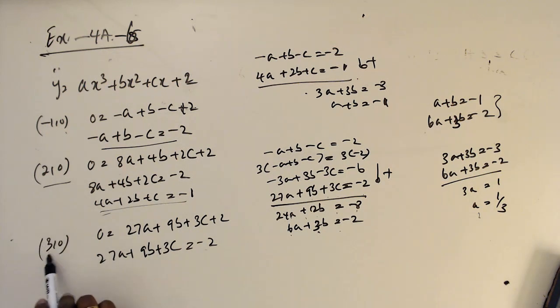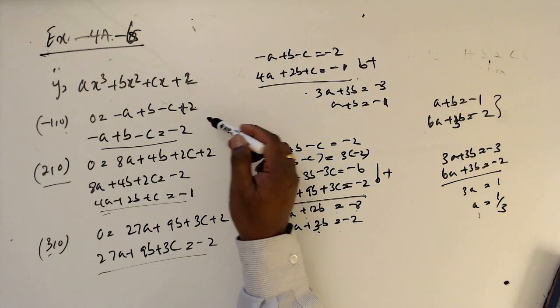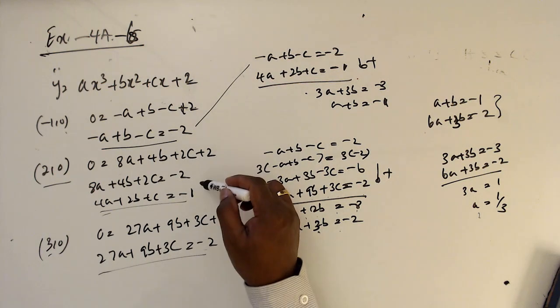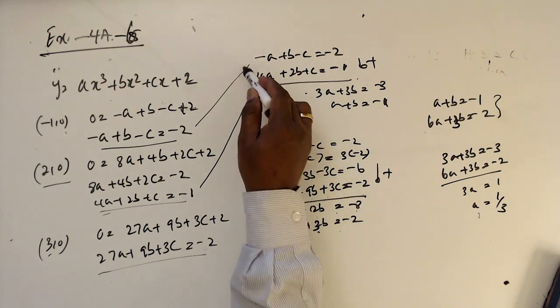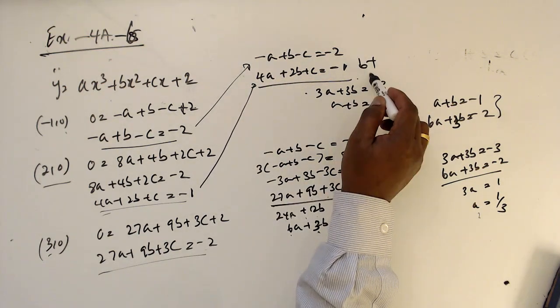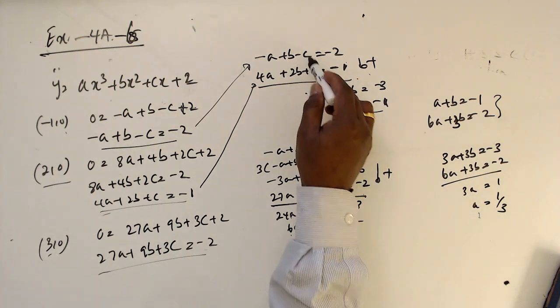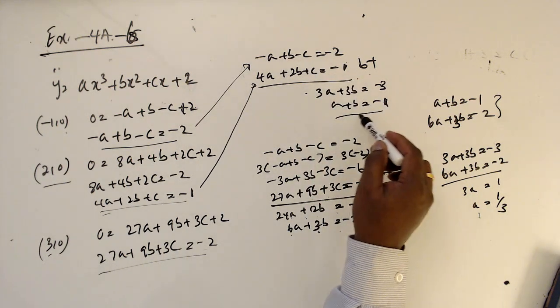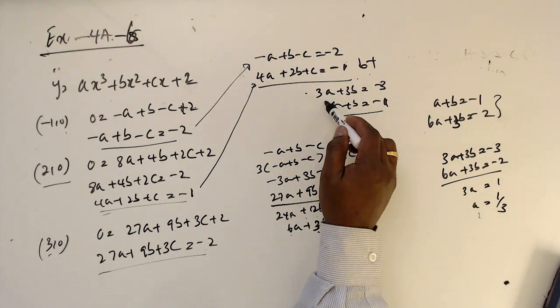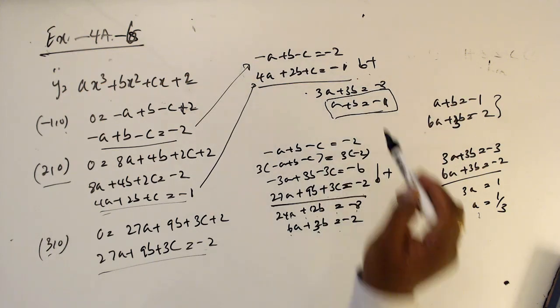Then I substitute 3, 0 into the equation, simplify and get this equation. Now I wrote this one and this one again. Then I add them together and simplify. I eliminate c and I got a plus b equals minus 1.